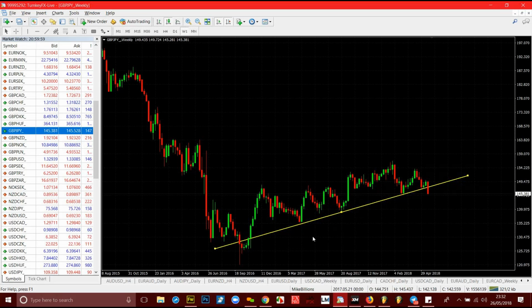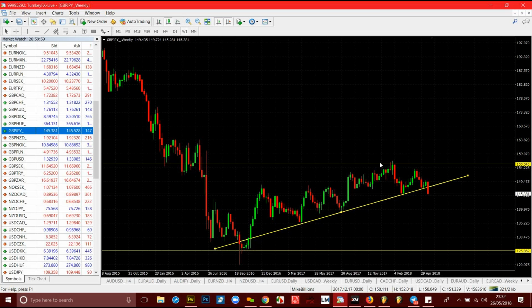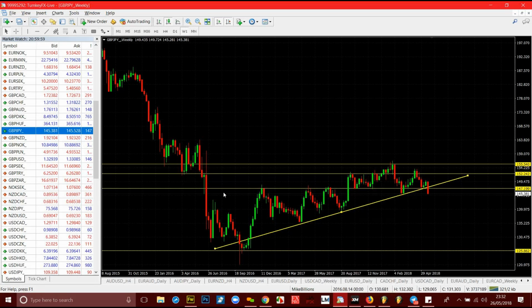So that's some action happening there. That move, that level, this level, maybe this level, this one. How about this one? And where we're at right now, here.